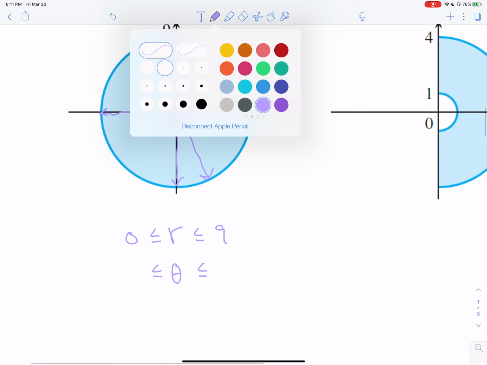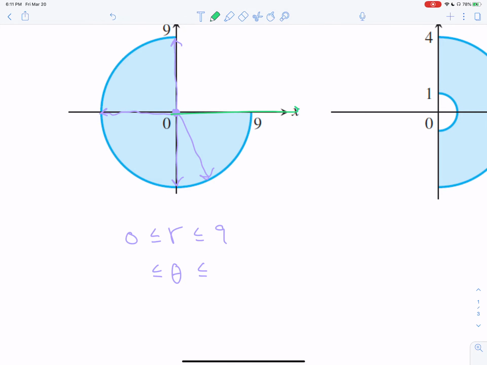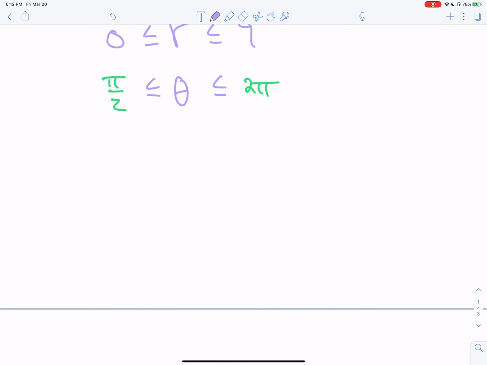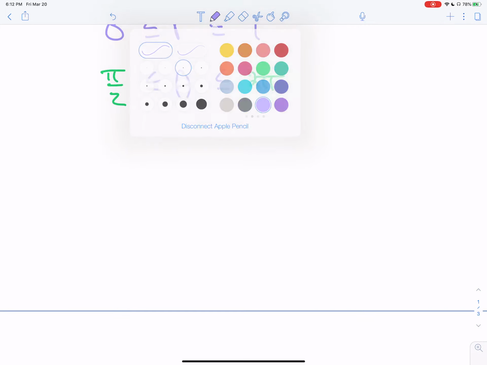And then for theta, theta starts here. That's theta equals 0. We're not in the region initially, right? Not in the region until we hit theta equals pi halves. Then we're in the region all the way until 2 pi. So in this case, it would be from pi halves to 2 pi. And so the way we would set up an integral that would capture that region is something that looks like this.